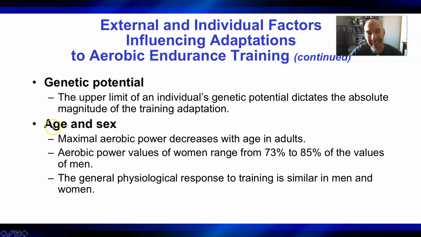As far as age, now we typically see a decrease in VO2 max as people age. There is some age-related decline. However, most of this can be attributed to another thing that often occurs as people age, and that is that they become less active, right? I'm 45 years old and I still have a VO2 max over 50 because I'm very physically active.